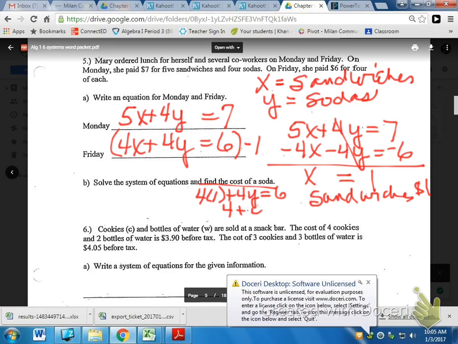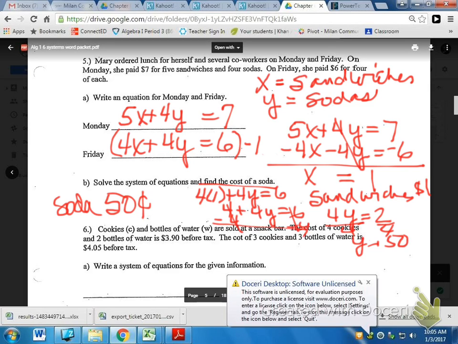So 4 plus 4y equals 6, subtract 4. 4y equals 2, and then divide by 4. So how much is a soda? Yeah, it would come out to 0.5, which would be 50 cents. So your answer would be 50 cents for a soda.